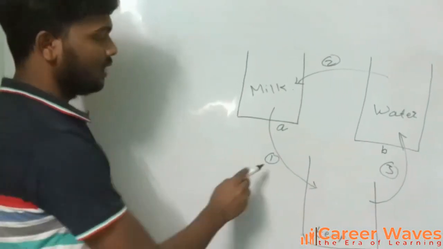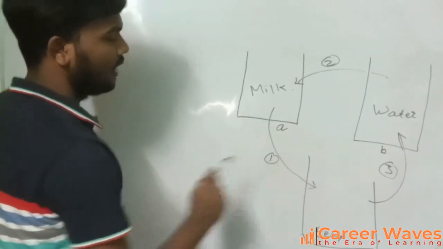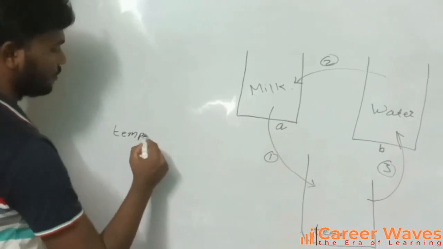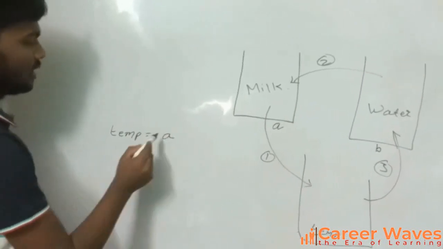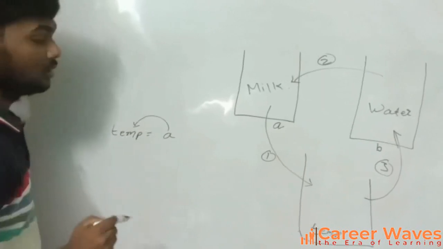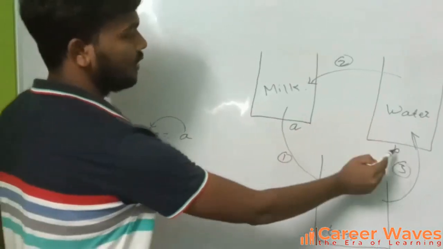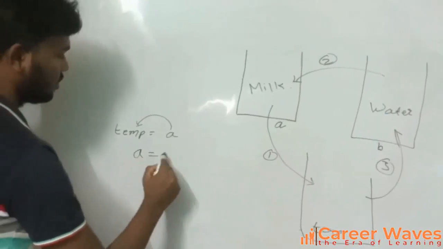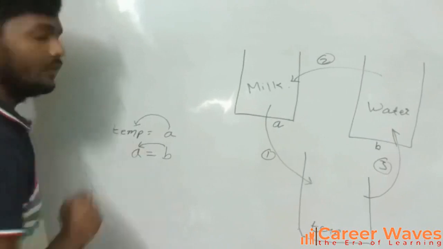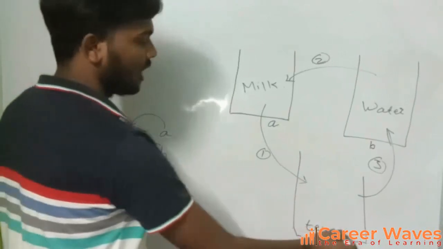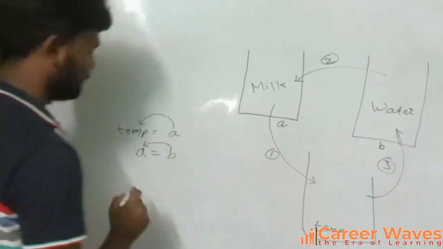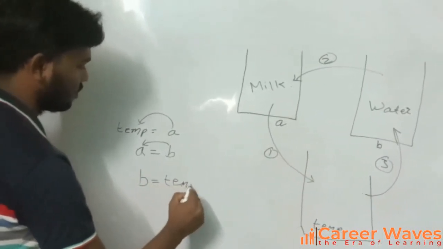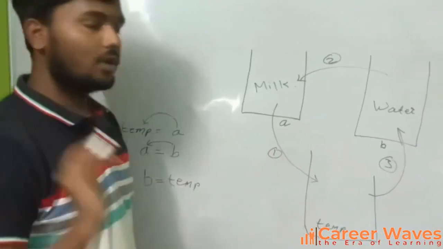First, we transferred A into temp, so the code would be temp = A. Second, we transferred B into A. Third, we transferred temp into B. So this is what we have done.